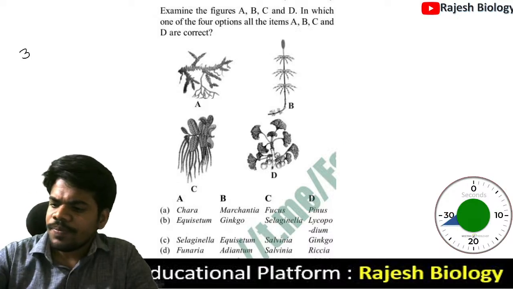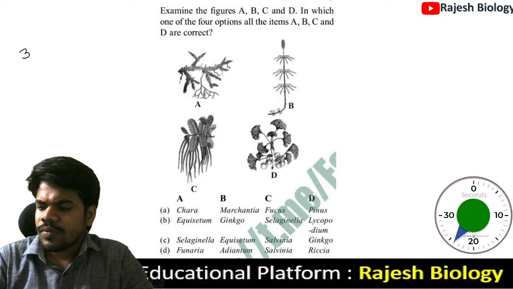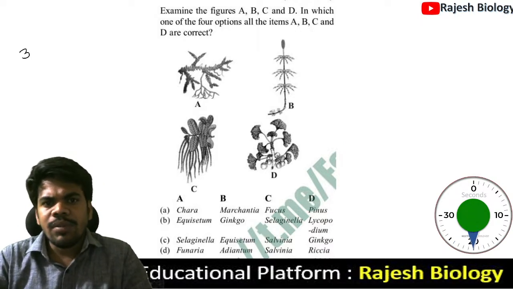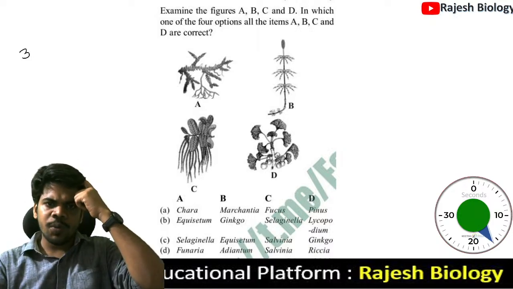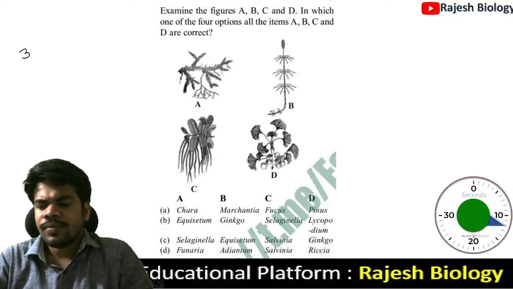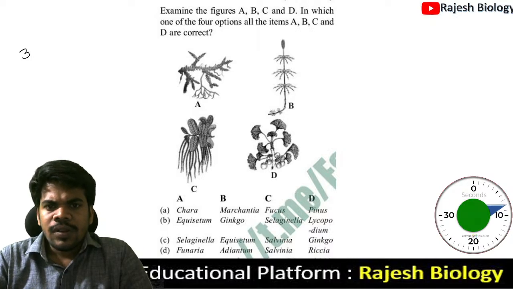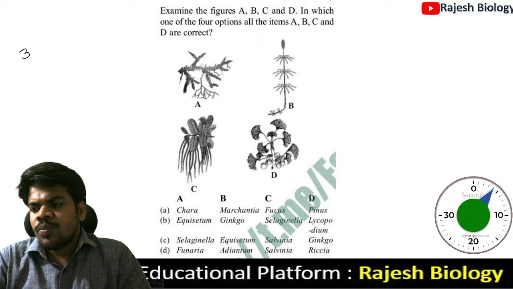Question number 3. Examine the figures A, B, C and D. In which one of the four options are all the items A, B, C and D correct? These diagrams are also from the first year botany, I think.